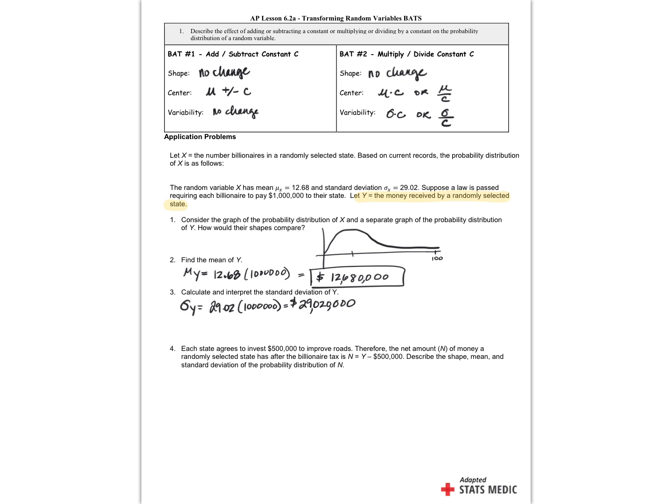Okay, let's interpret the amount of money received by a randomly selected state.